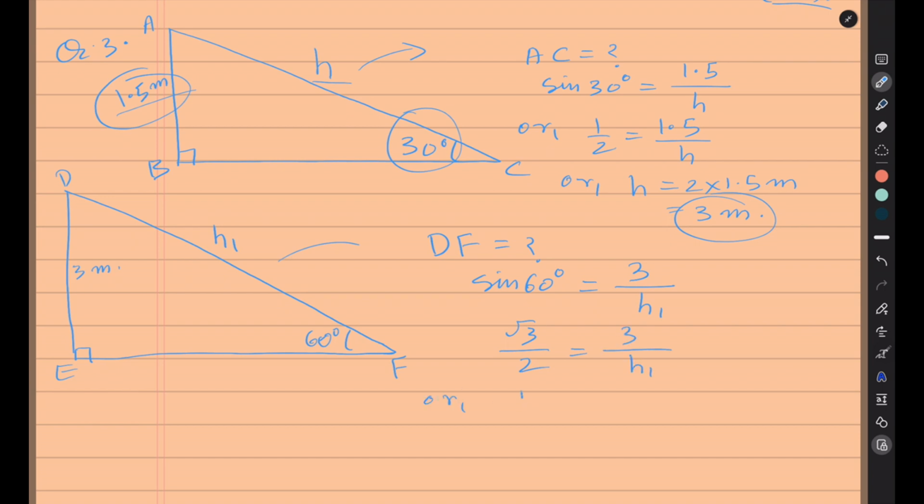So solving these equations, we get the length of the slide for elder children as 2 times root 3 meter. So these are the two things which were required to be found. So we have solved this.